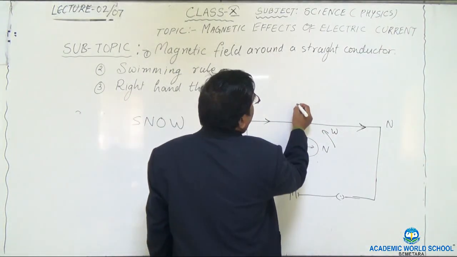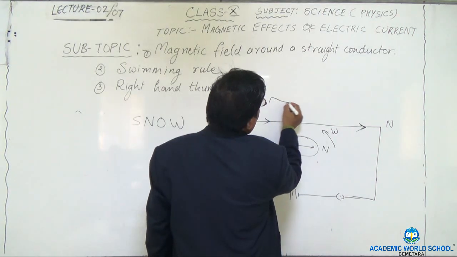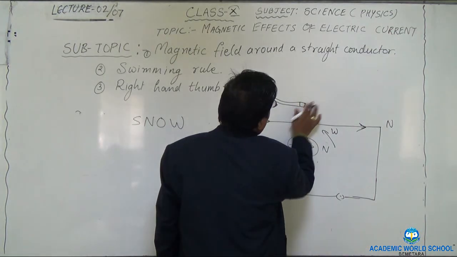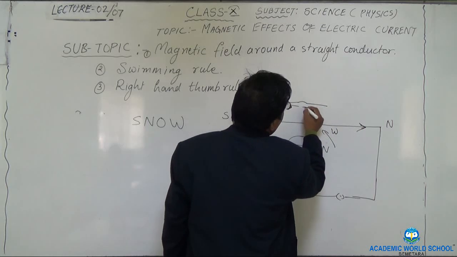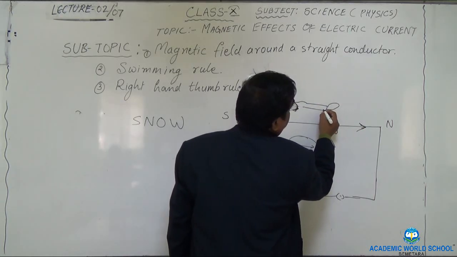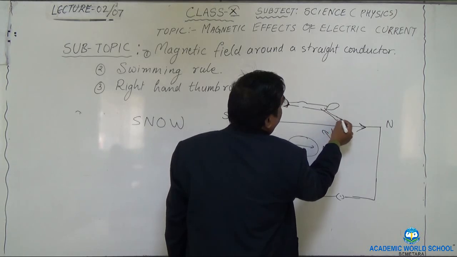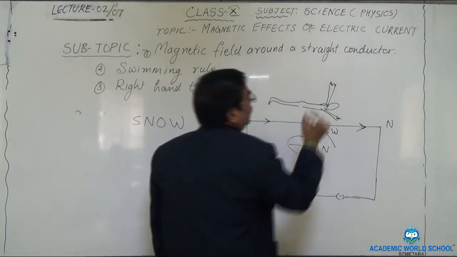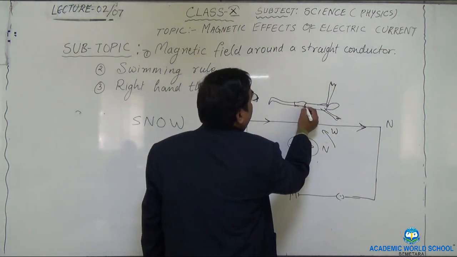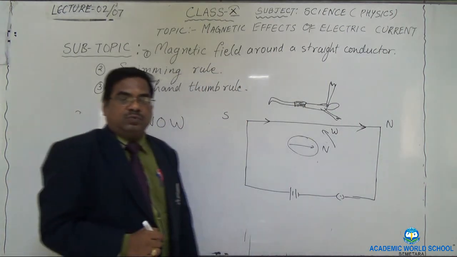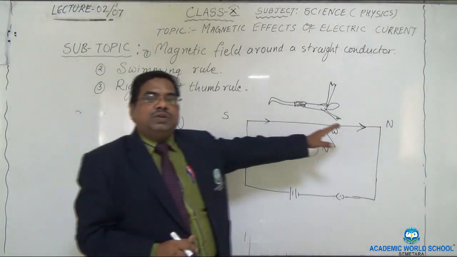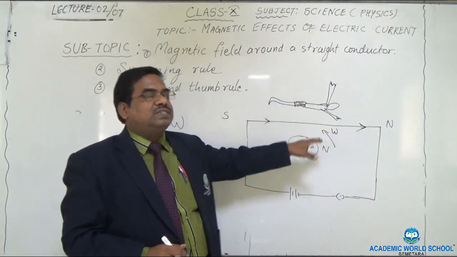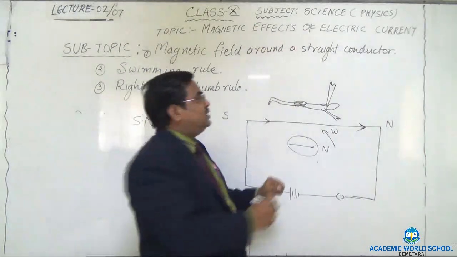Assume that you are swimming in the direction of current, then the compass north will always deflect towards your left hand side.